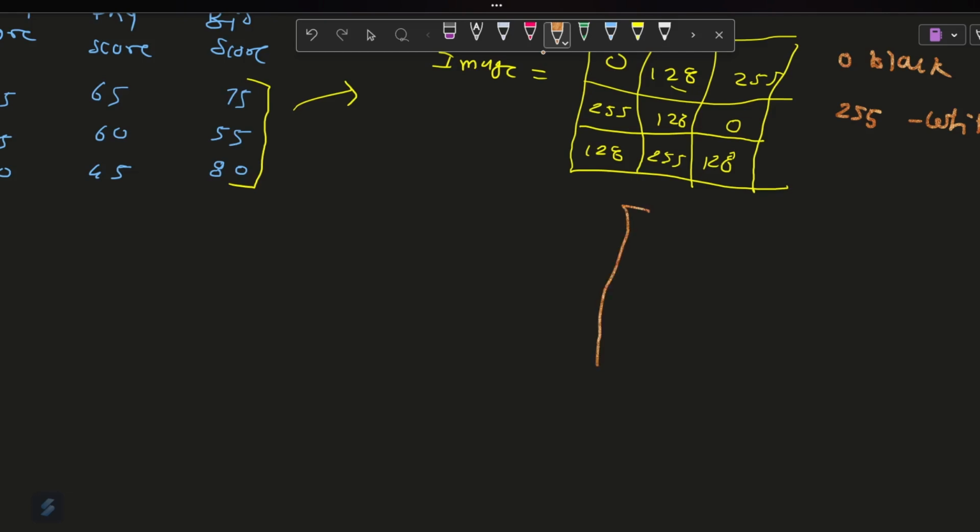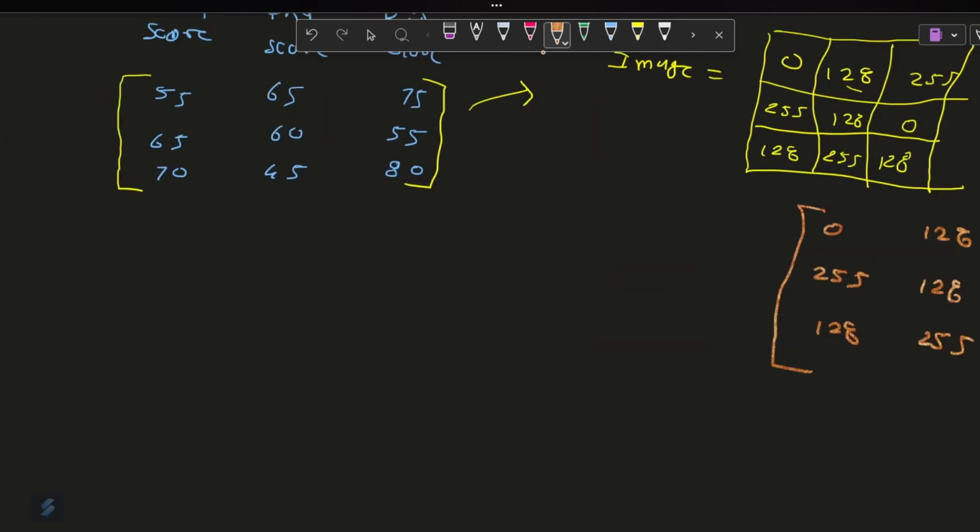For example: 0, 255, 128; 128, 128, 255; and 255, 0, 128. That looks like a matrix, so that is a matrix format.